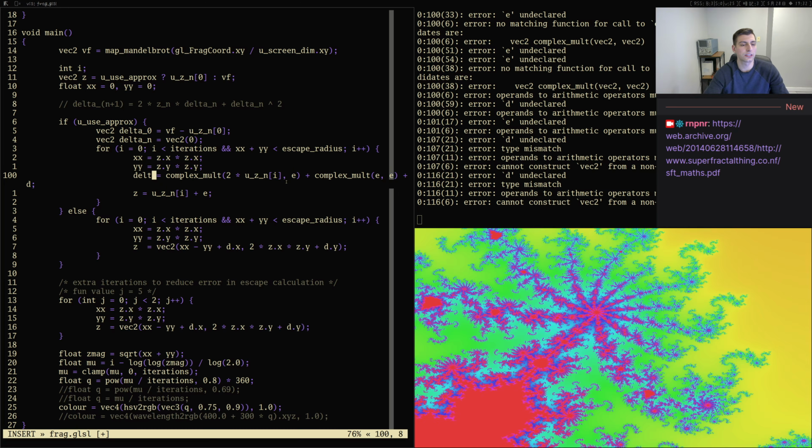So this is delta n. Delta n is this equation we had before, which was this one. So it is 2 times Zn i. I do wonder if we should skip the first iteration. I think we should.